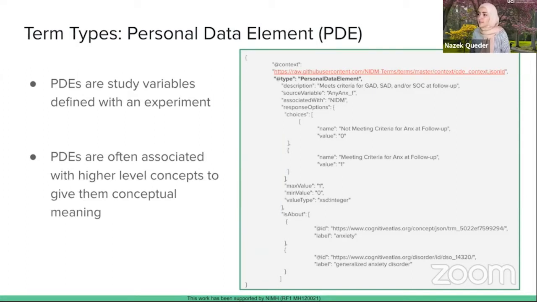Now without the associated properties or descriptive information, I wouldn't be able to tell what that term is about. But based on the description, I'm able to tell that it's about generalized anxiety disorder. I also have some choices, minimum and maximum values. I know that this term takes a value of integer, and through the isAbout property, it's associated with the concept of anxiety and generalized anxiety disorder.